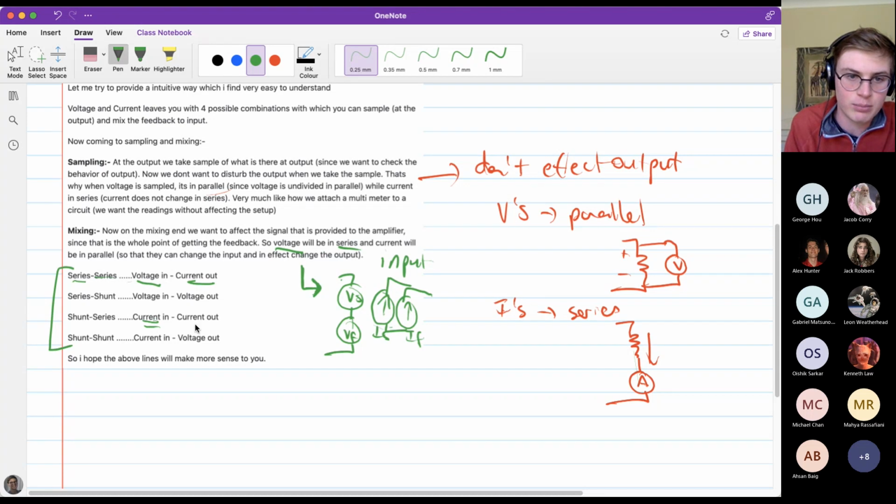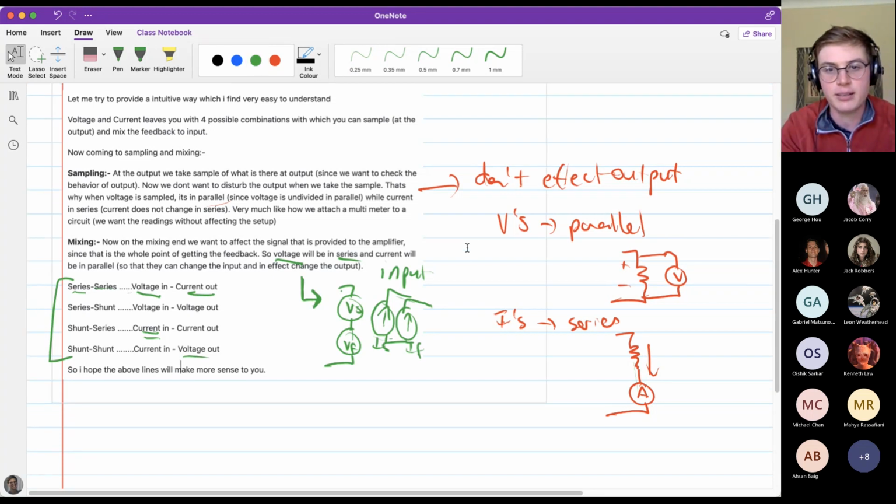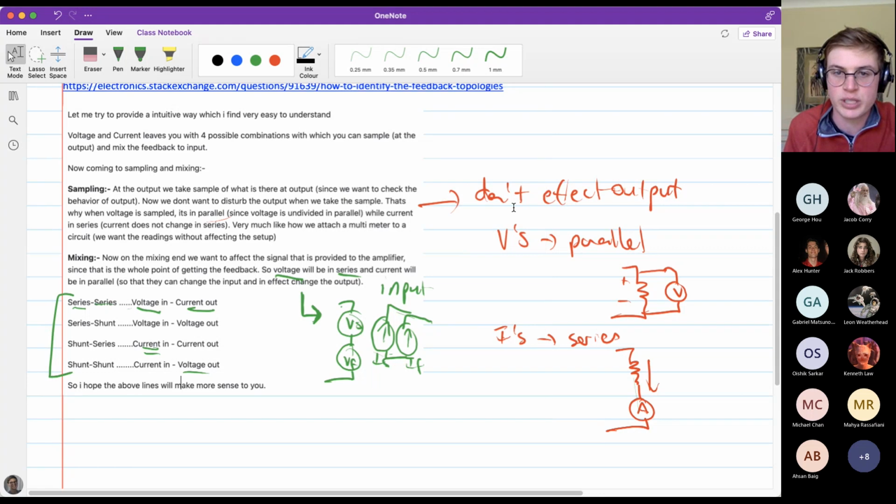So we're looking at the current at the input, and then series, we're measuring the current at the output. And finally, shunt shunt is essentially affecting the current at the input, but measuring the voltage at the output. So anytime you're thinking about it, at the output, we don't want to affect it, and so we measure voltages in parallel, currents in series. And at the input, we do want to affect it, so it gets flipped.